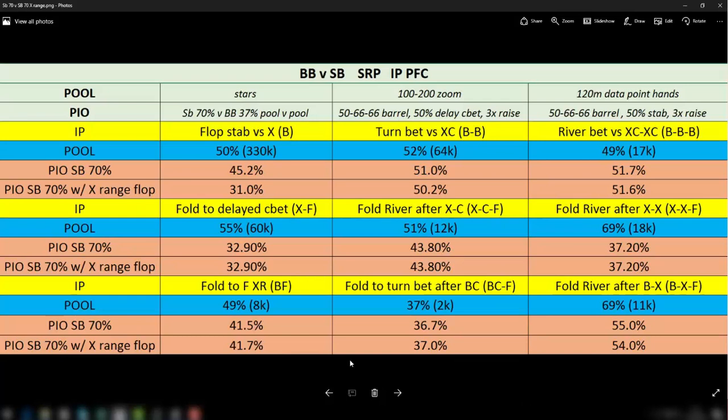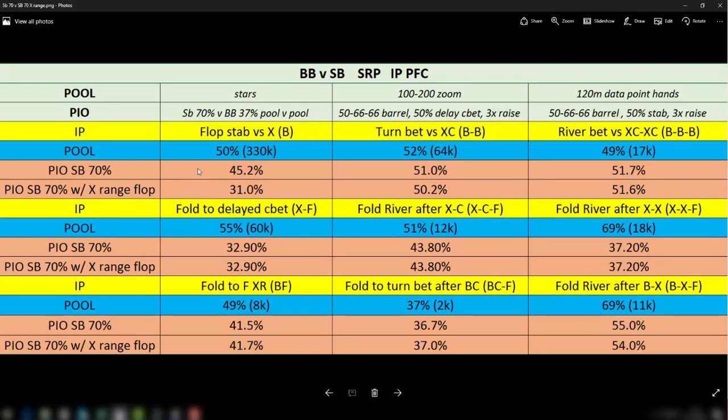So earlier I showed you the effect of us playing a wide small blind open range of 70%. So a significant deviation from what the pool is doing, where they open 43% in the environment I've been studying so far. So here now we're looking at things from the point of view of the big blind versus the small blind. So we're looking at the flop stab again.